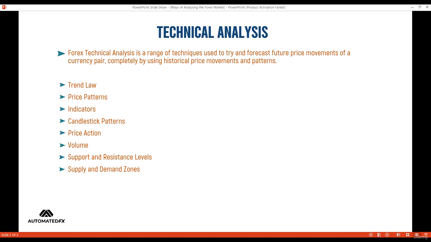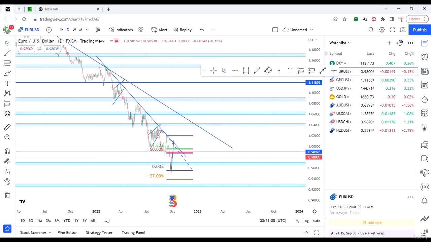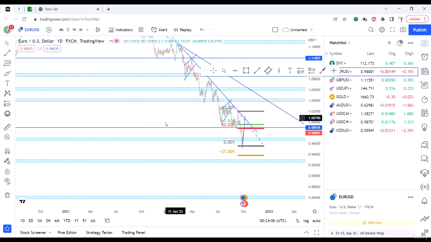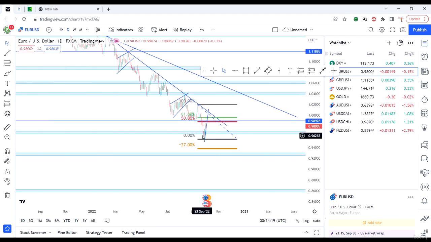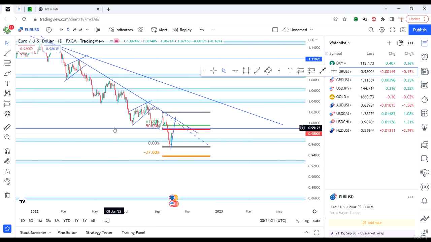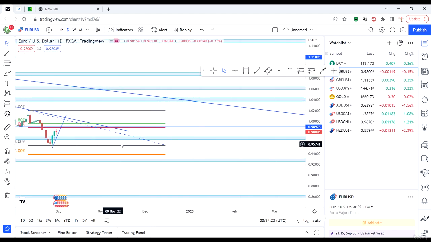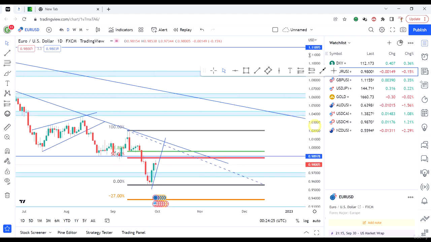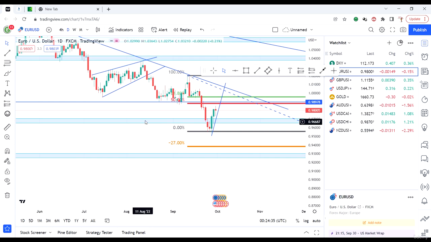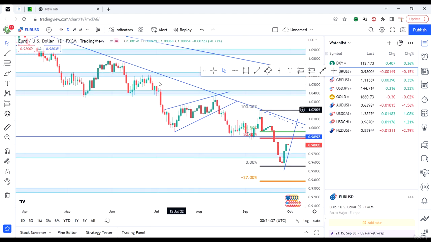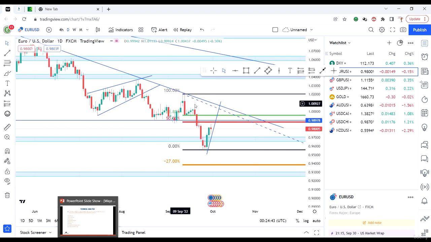Technical analysis is basically traders analyzing the Forex charts, looking at prices, price action, that's the action of price, volume, sentiments, and so on. When traders do this, they partake in what is called technical analysis. We use it to determine what price will do.